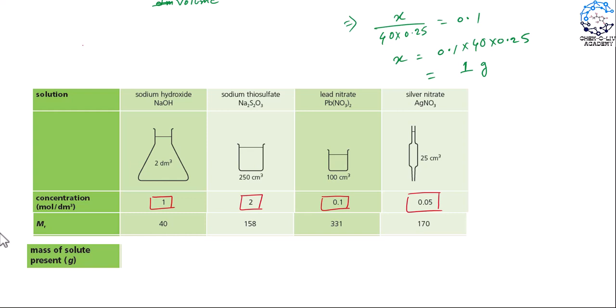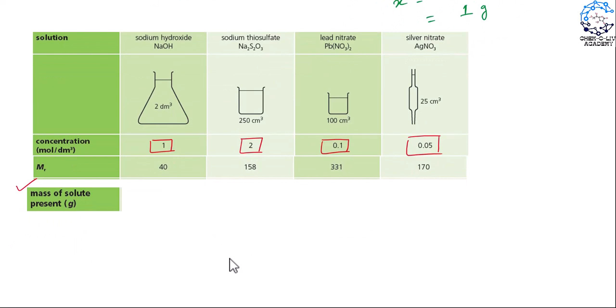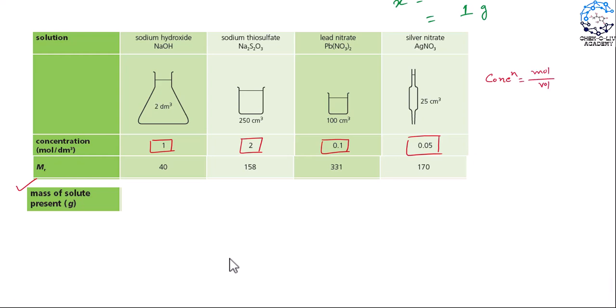Now what is the question? The question says mass of the solute. You have to find the mass of the solute. So how are we going to do it? We have one formula in our hand, which is concentration equals mole per volume. So now mole equals concentration into volume. This is my formula.